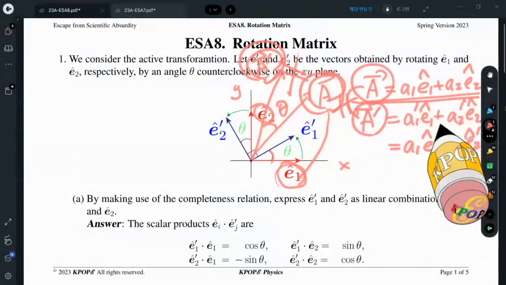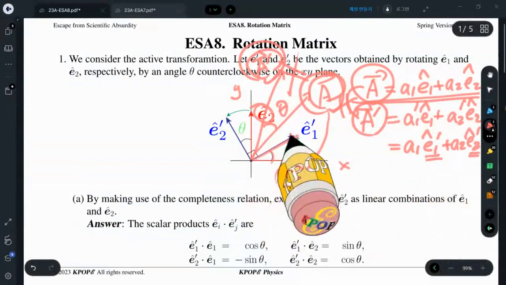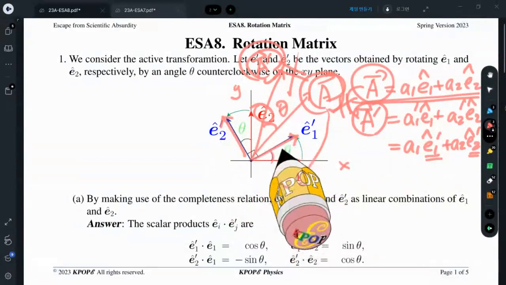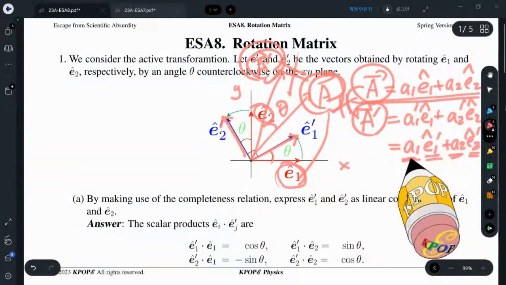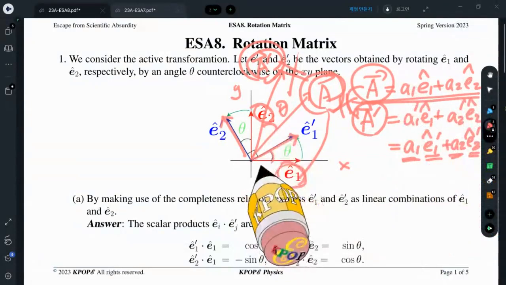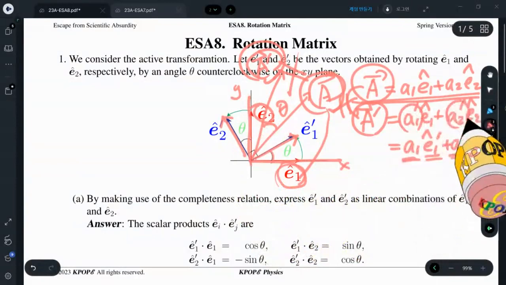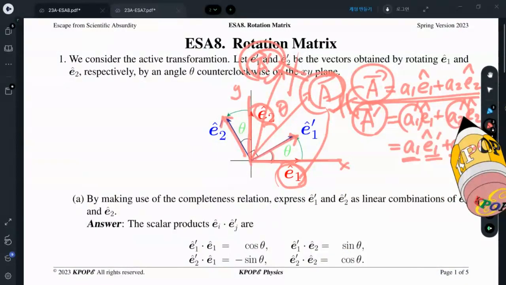However, in terms of the new basis, which has been rotated by angle theta, the components are invariant. Instead, if I use these bases, then components vary. So we'd like to find the new values for these Cartesian components.